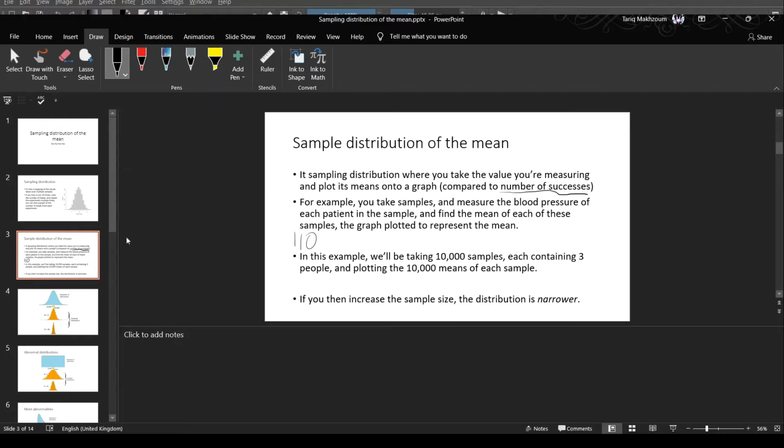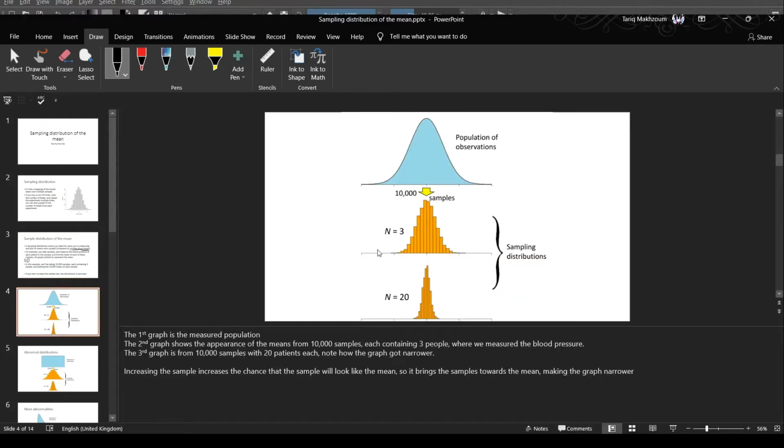Then what you'll end up with is a graph that looks a bit like this. You'll notice that most of the time we get a mean that's roughly close to the population mean, and that's where most of the sample means are going to lie.